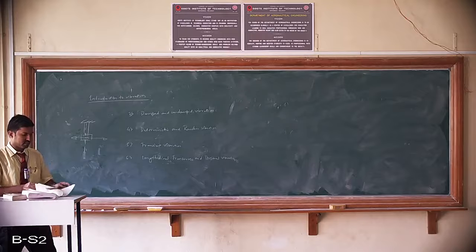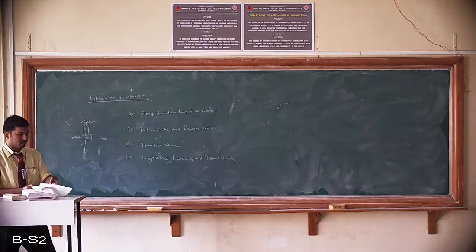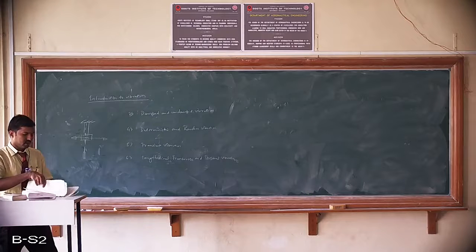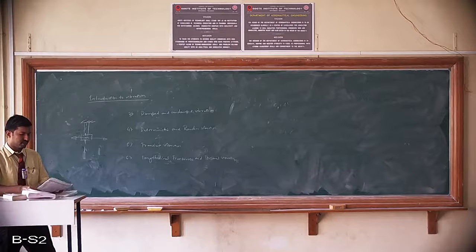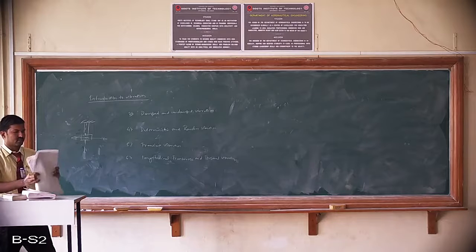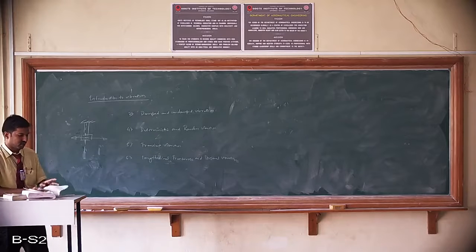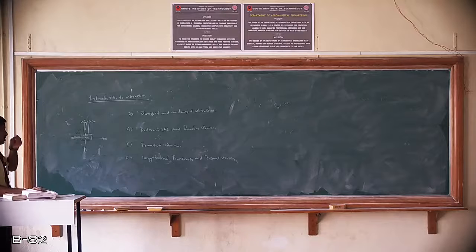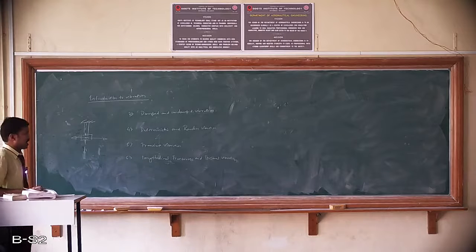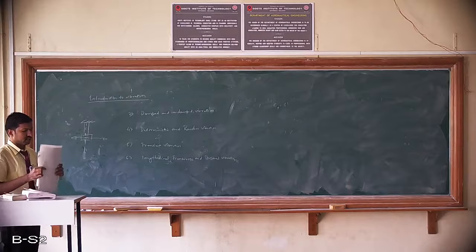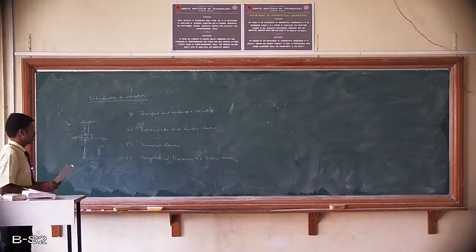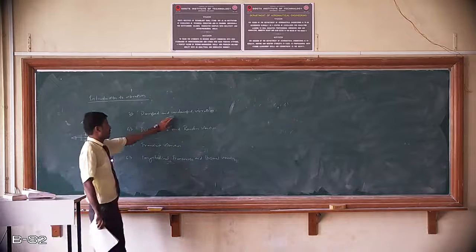So initially we have discussed what we mean by vibration, what are the causes of the vibration, how to reduce the vibration. Then we have discussed different types of vibration. First we have discussed free and forced vibration. Then linear and non-linear vibration. Then damped and undamped vibration.